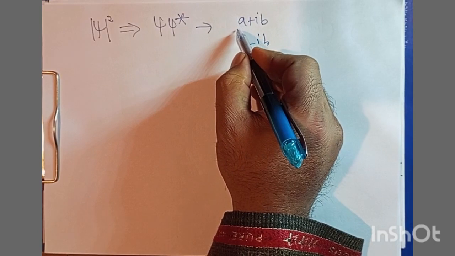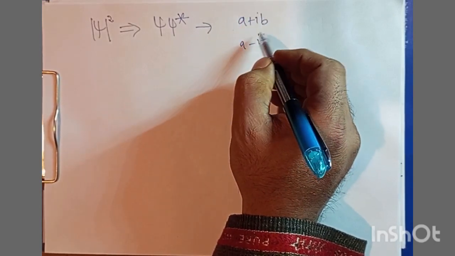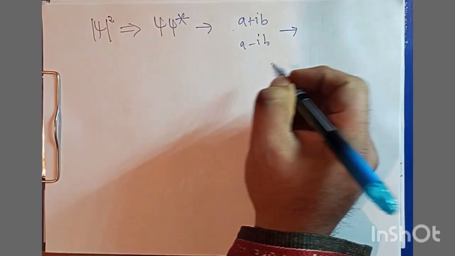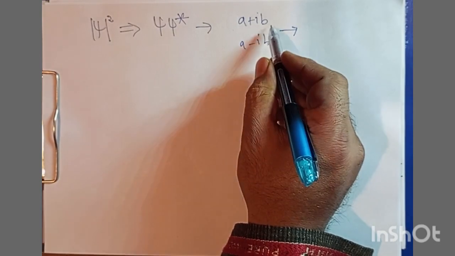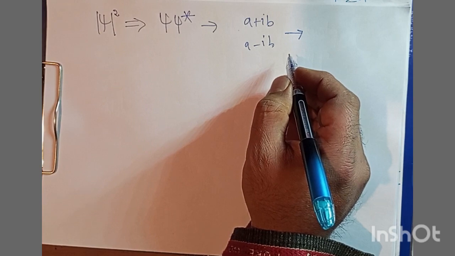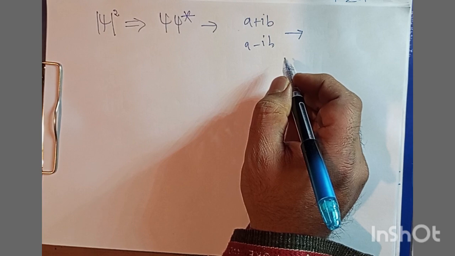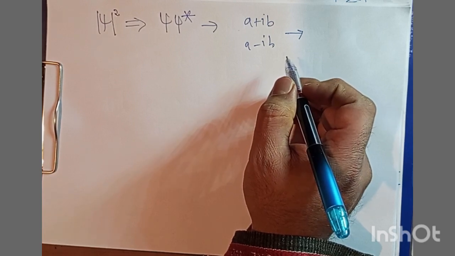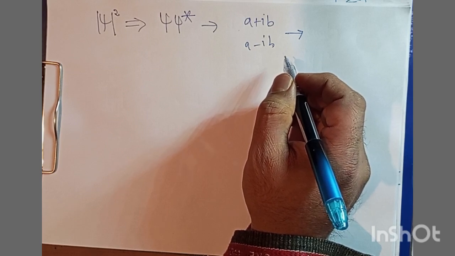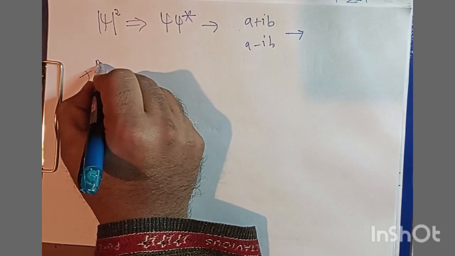Now, if I multiply the two in order to get psi star psi, I will find the overall value is a real number, and certainly that number can have physical significance. It does have physical significance. So this is probability density.